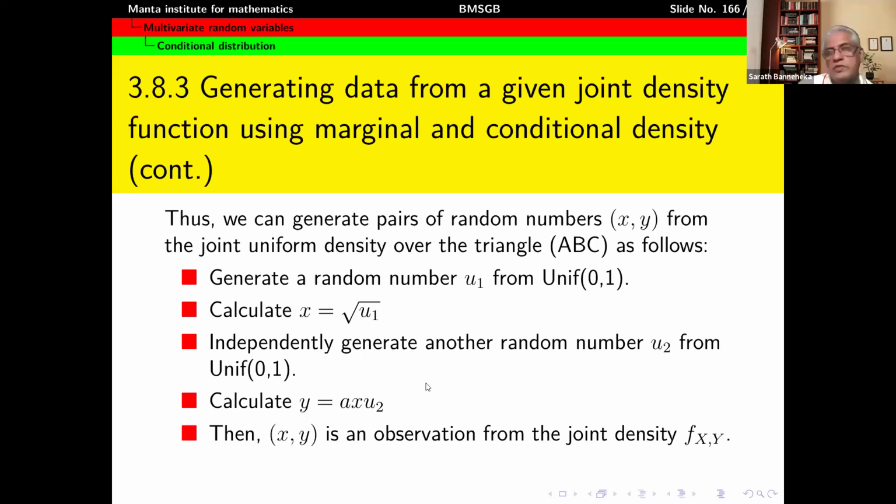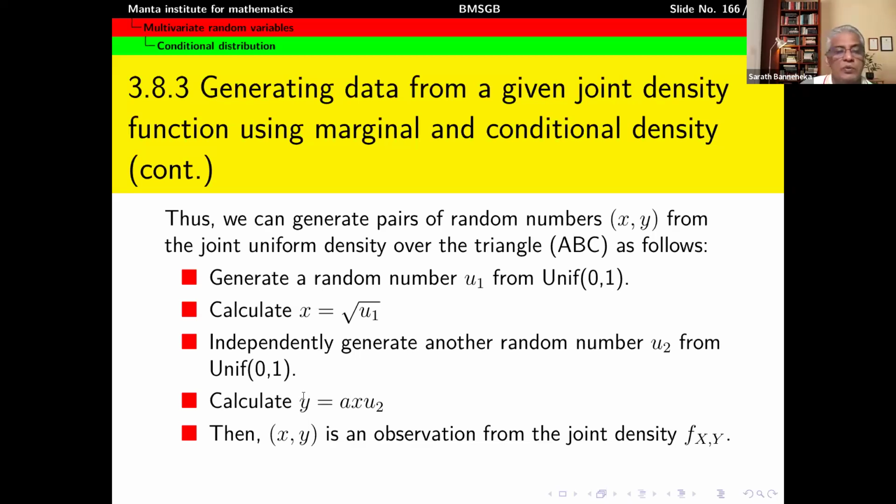Right. So if you just consider one observation, this is the uniform 0, 1, and transform it using this transformation, take the square root and call it x, right? And then independently generate another random number from uniform 0, 1, let's call it u2, and then calculate y, which is equal to a times x times u2.